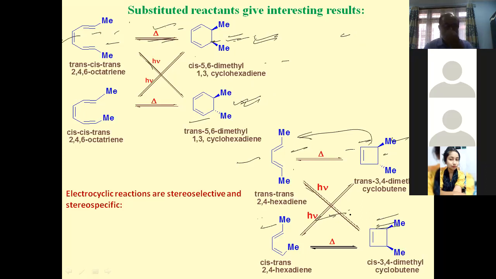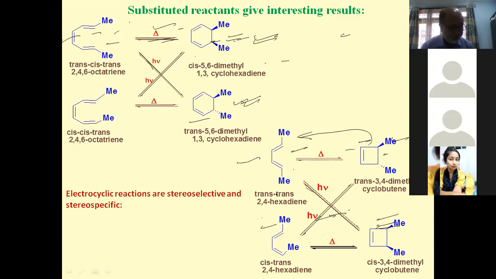That means which stereoisomer we will get, or what configuration of the reactant results when the ring opening takes place, will depend on what? This stereospecificity and stereoselectivity is very much dependent on what?